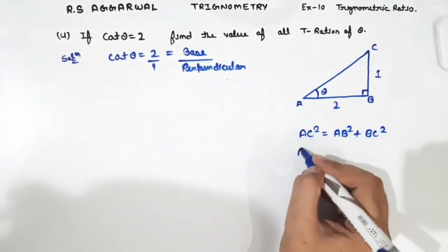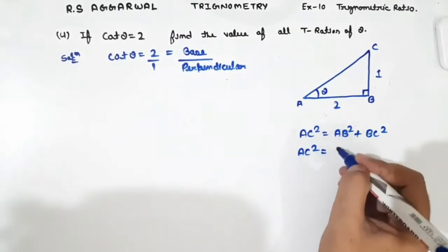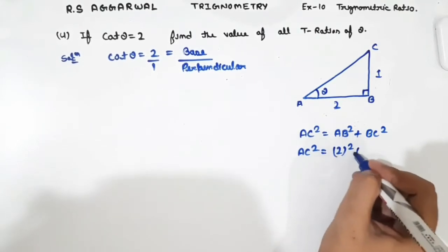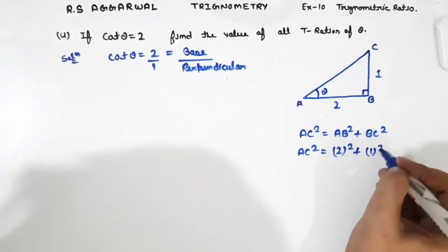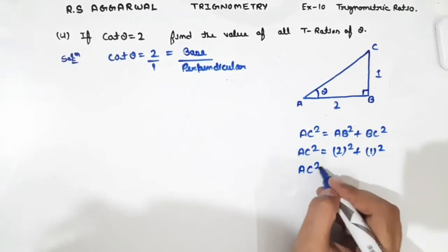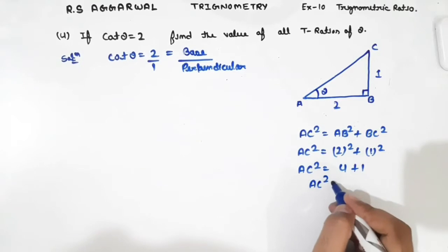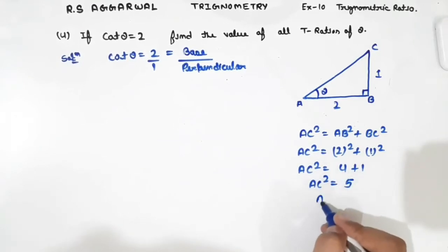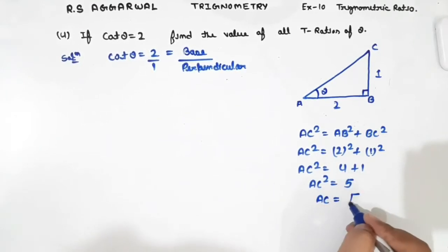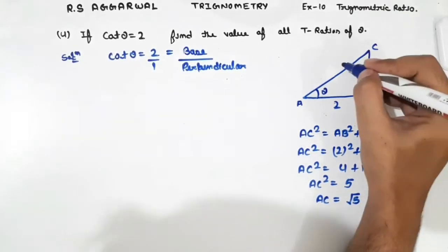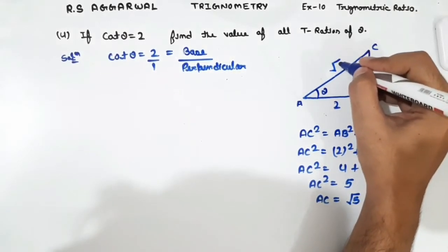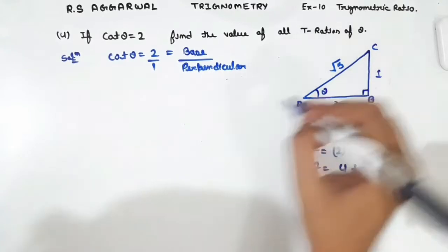AB is 2, so 2 square, and BC is 1 square. So AC square will be 4 plus 1, so AC square will be 5. So from here AC will be under root 5. This is our hypotenuse.